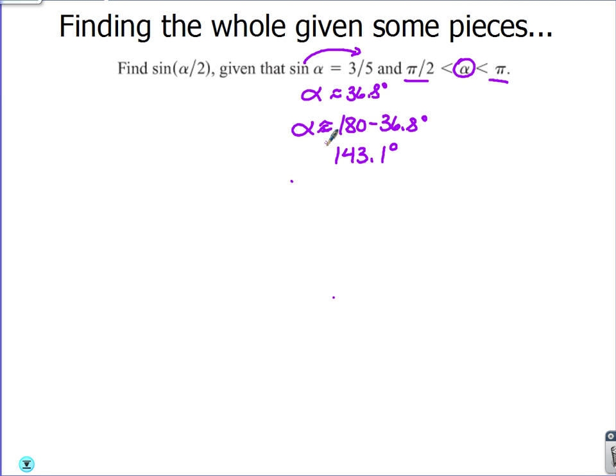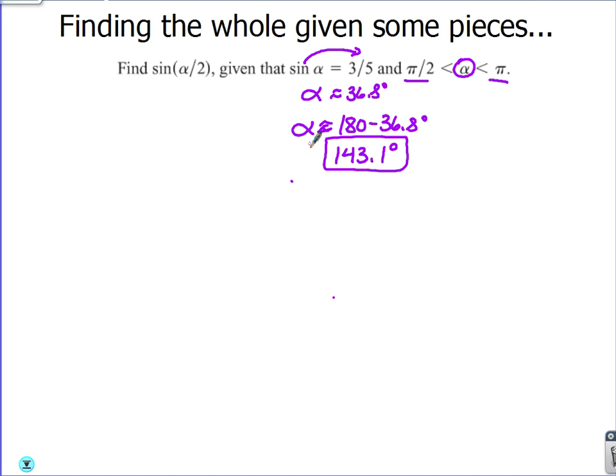Okay, there's alpha. But what we're actually asked to do in this question is find the sine of half of alpha. The half of alpha is going to be about 71.5 degrees, 71.55, something like that. So that's what we're finding the sine of. Could we just type in the sine?